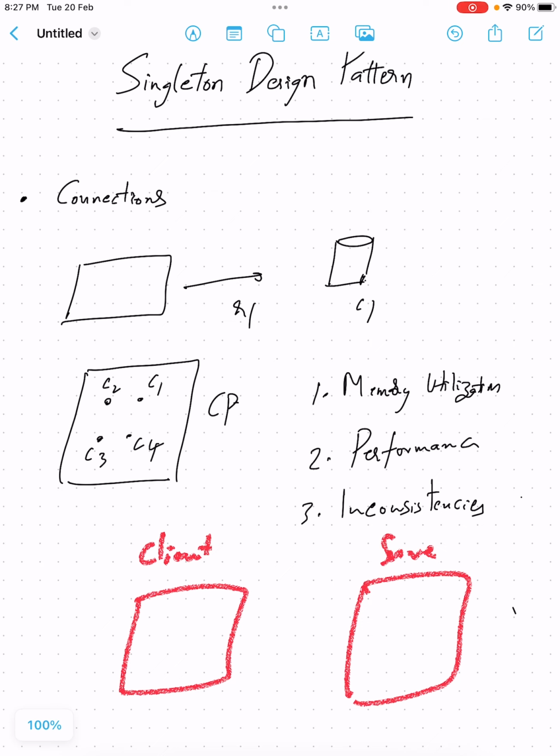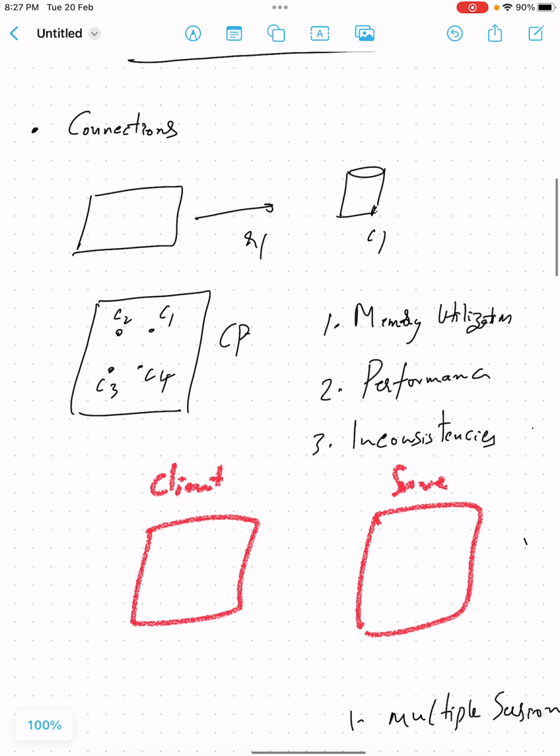Whenever there is a shared resource, it should be consistent across all the locations or across the users, because one user should not have one data and another user should not have another data. So that is the main thing. That is the reason why they came up with the singleton design pattern, and how it is being utilized with respect to the connection pool.